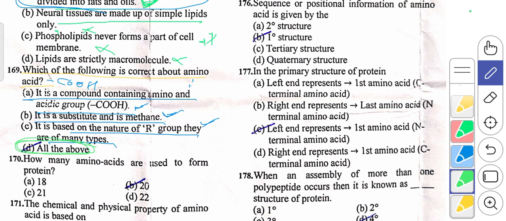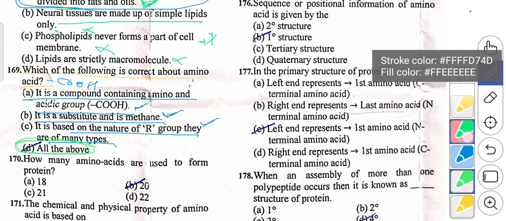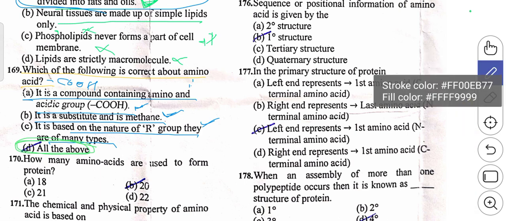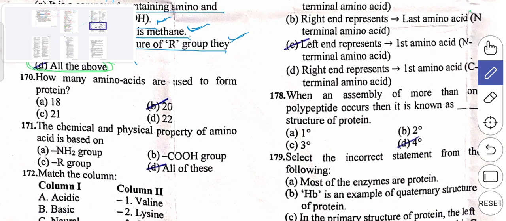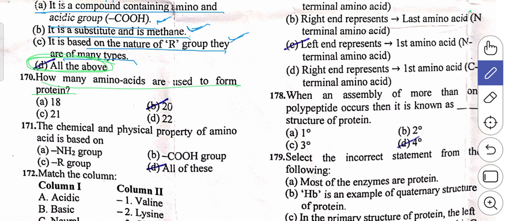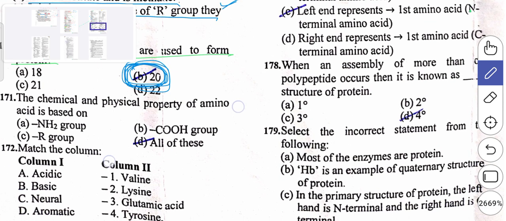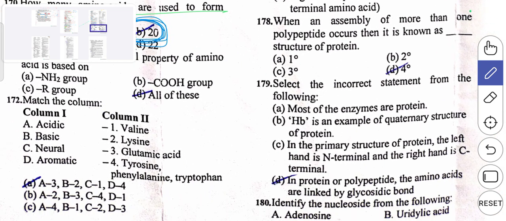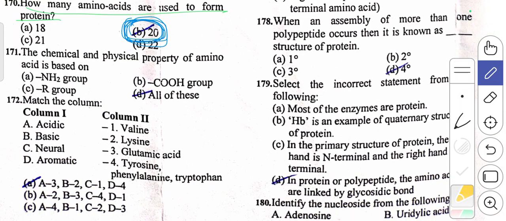So next one, how many amino acids are used to form a protein? In order to form a protein, we require how many amino acids? That is 20. These are the very important amino acids we require in order to form a protein. So it is a direct statement here.